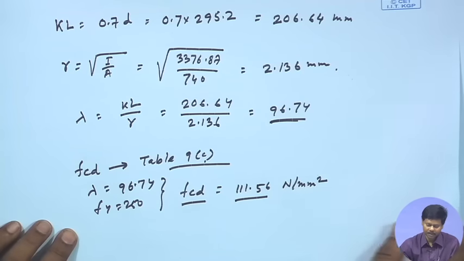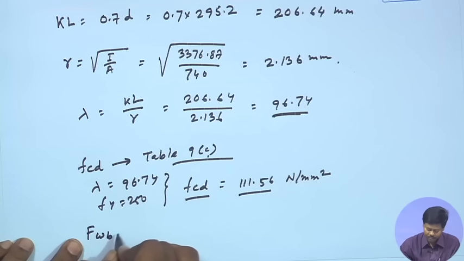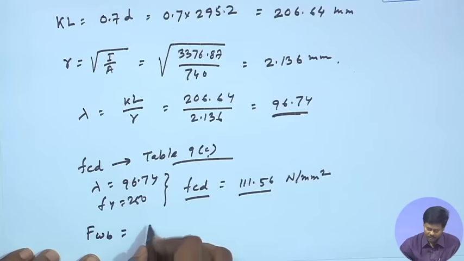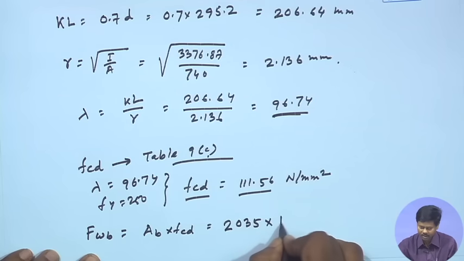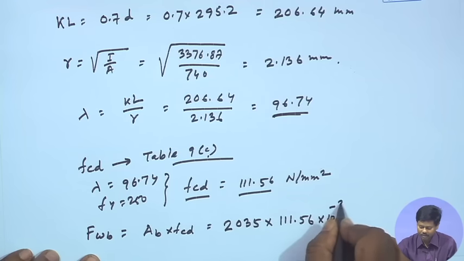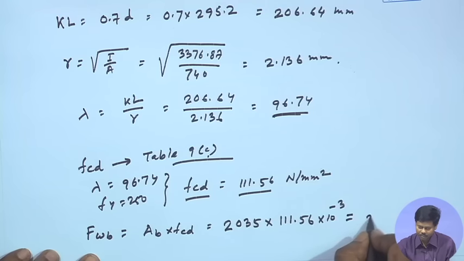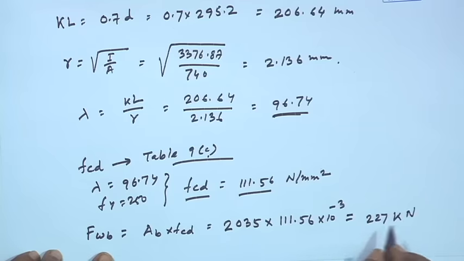So, now the capacity of the web section, the load carrying capacity of the web, FWB, we can find out as AB into FCD. So, AB we found out as 2035 into FCD as 111.56, and to make it kilonewton we can multiply by 10 to the minus 3, and this is becoming 227 kilonewton, which is greater than 220 kilonewton.